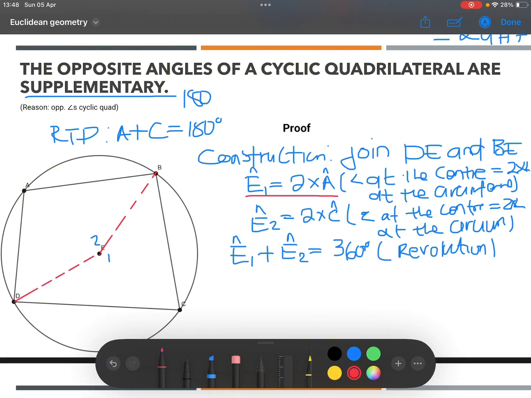So now E1 is equal to 2A. I can write E1 in the form of 2A, then plus E2, which is equal to 2 times angle C, which is equal to 360 degrees.